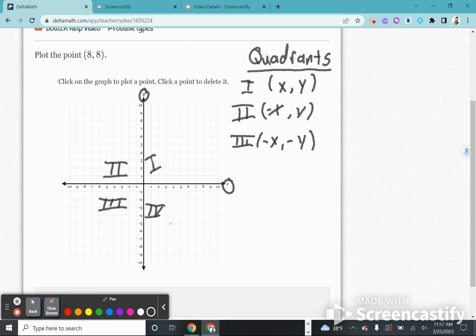If we look over here at quadrant 4, we would see that we went to the right for our x value, so our x is positive, and we would see that we're still going down our y-axis, so our y value would be negative.